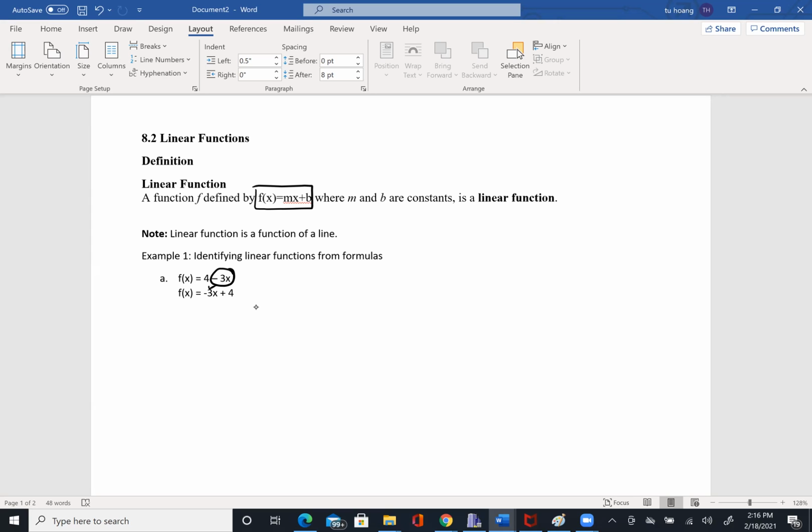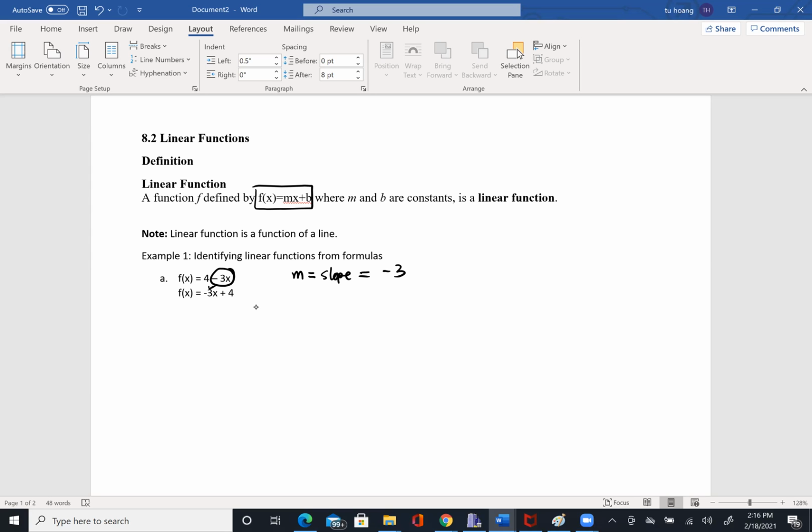So in here I can have slope m. m is the slope. The slope m is going to be equal to -3.